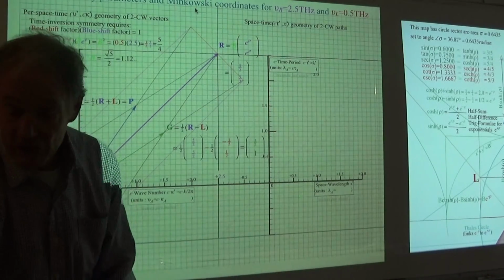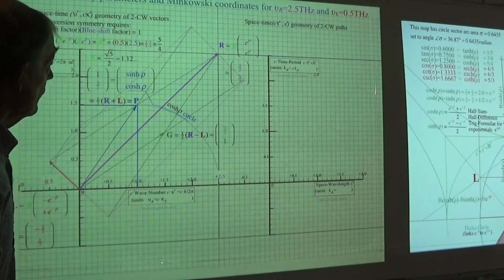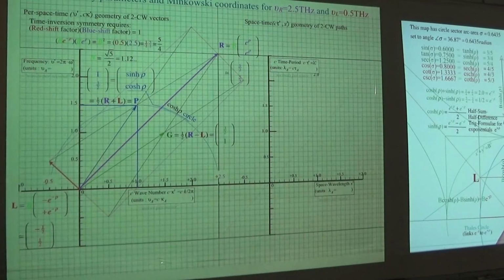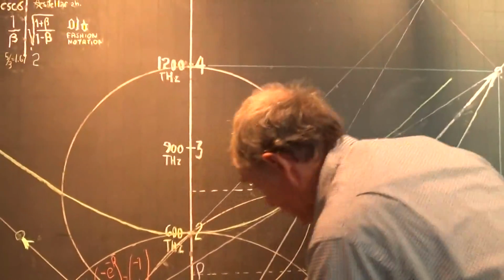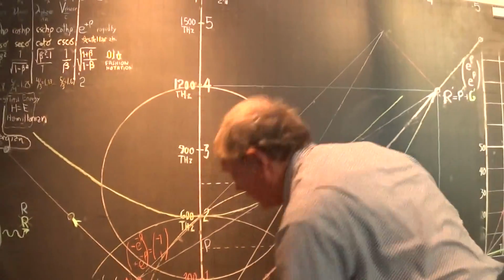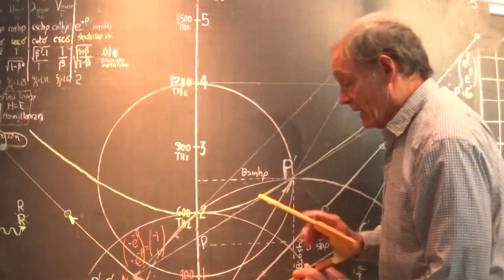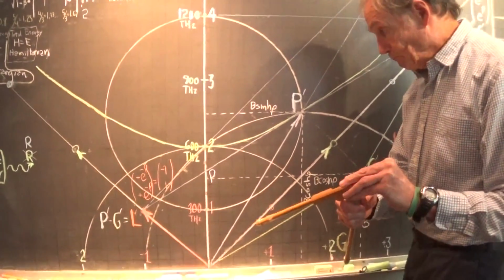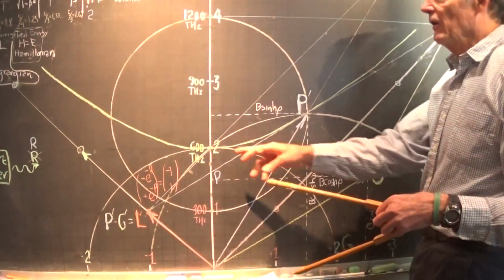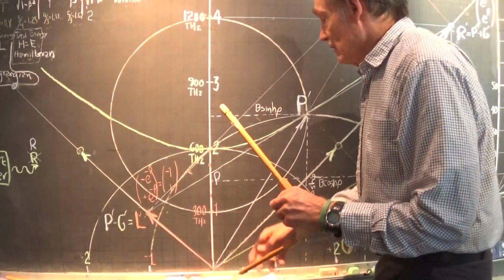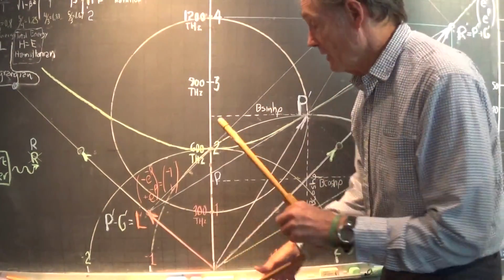Pretty much what we have on the board there, and then there's an important circle. So this is one that you ought to put on the graph that is involving the half speed. I'm sorry, it involves the 600 terahertz problem with 1200 and 300 terahertz.